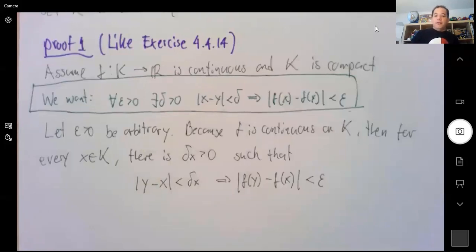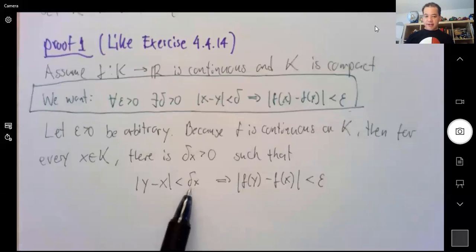Well, we want to use compactness, and specifically we want to use the open cover property, so that we can extract a finite subcover. And here, the harder part is to think what open cover should we consider? This is exactly what we're going to be using, these delta x's.